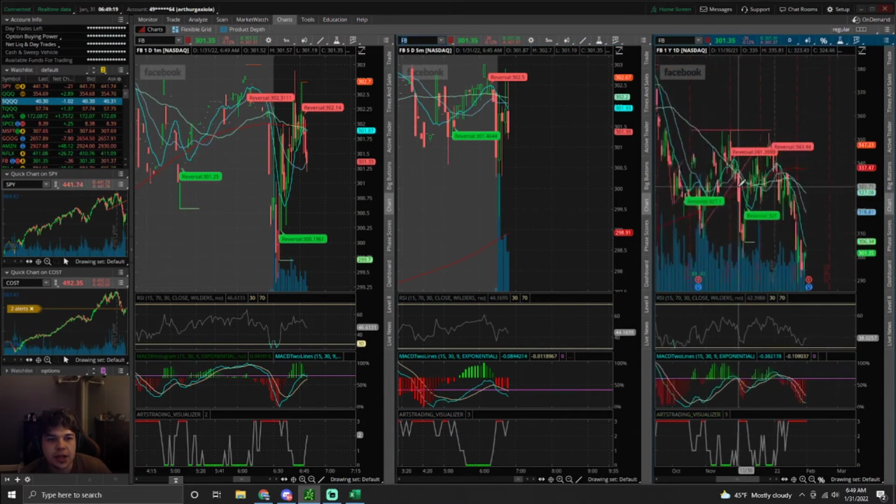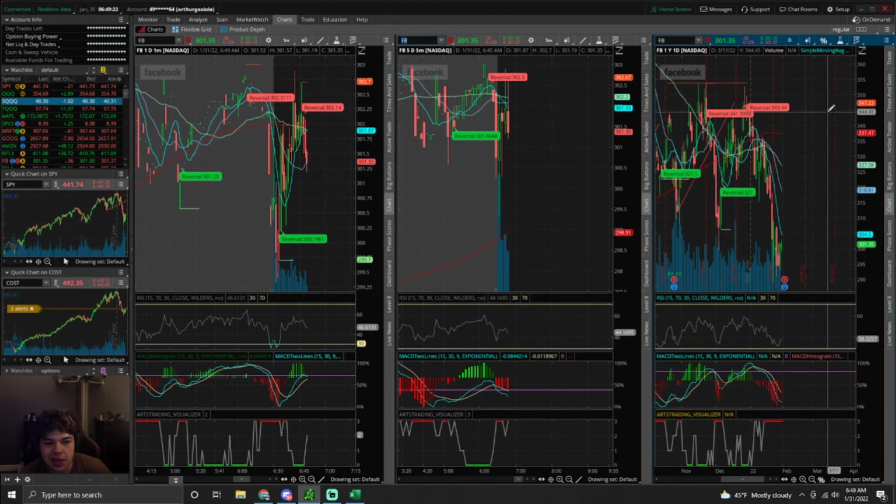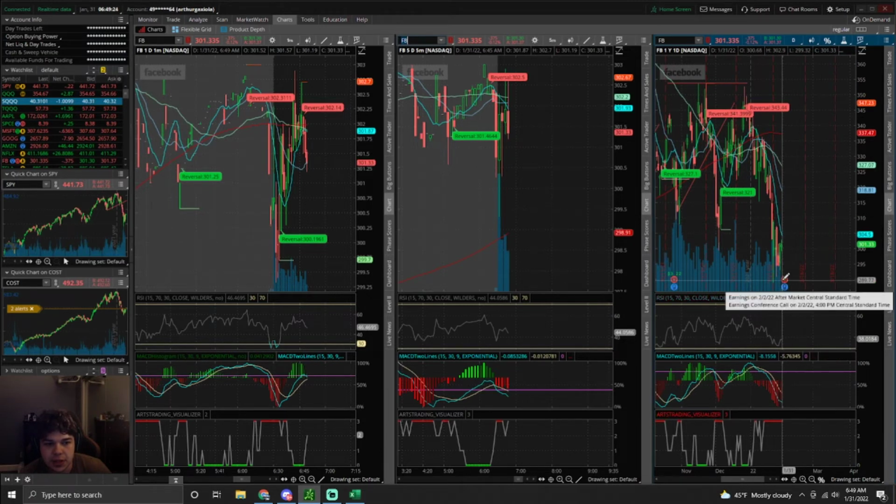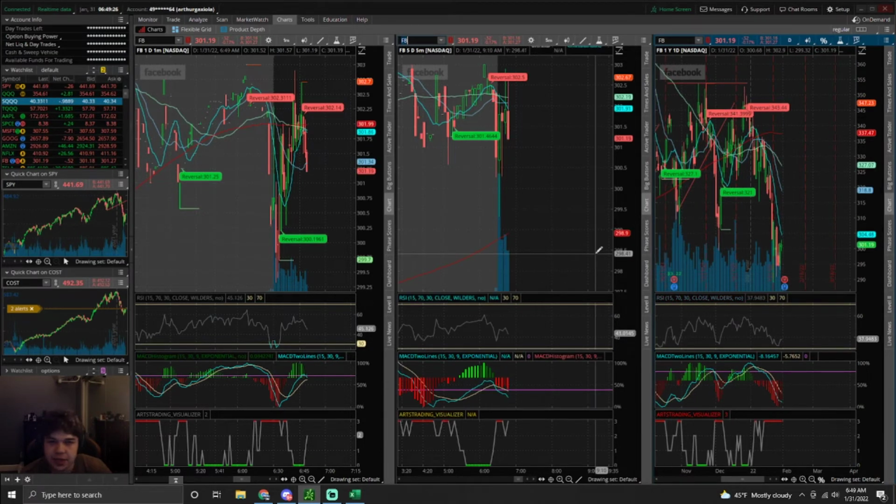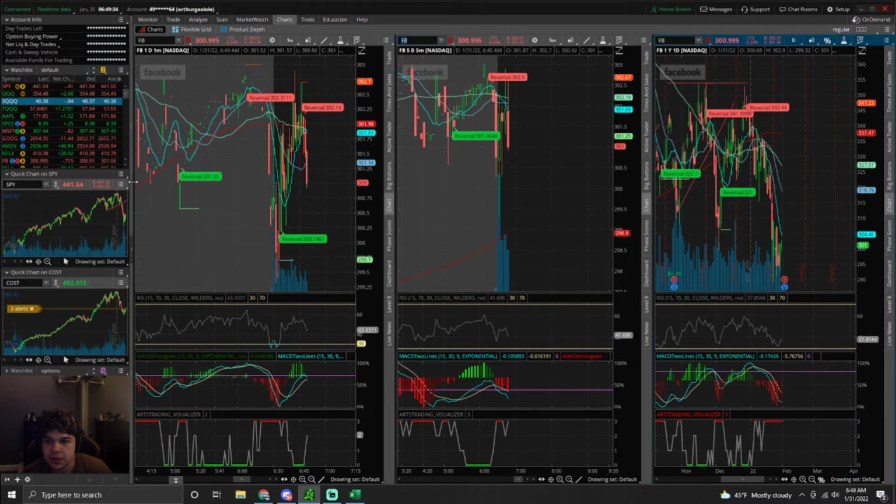I will say that Facebook, out of all the stocks, is on a heavier downtrend than most. Also, they have their earnings like 2 days from now, so keep an eye on that, because we don't really know where that goes, to be honest. But they did just reject the 250 SMA, and they're riding lower on the 9, so be careful.